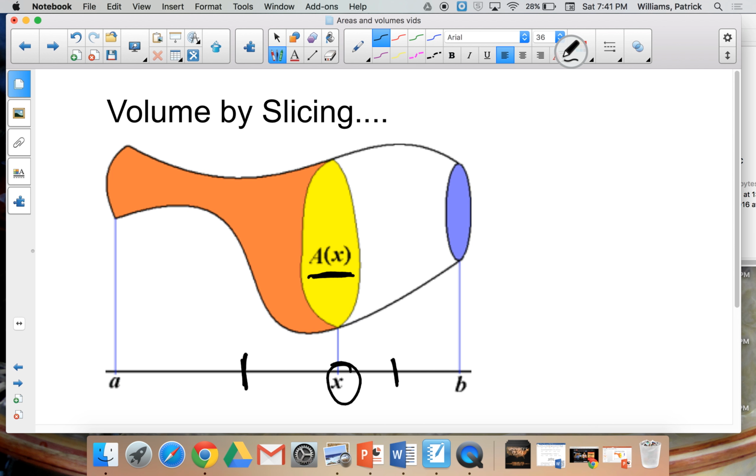So if you really want to picture this, pause the video right after I say this, run to your kitchen. Hopefully you have a loaf of bread in there. Pull out a loaf of bread, and this is basically what we're doing. You could estimate the volume of that loaf of bread by just counting up the volumes of each individual slice of bread. For a loaf of bread, that's really easy because each individual slice has the same cross section.